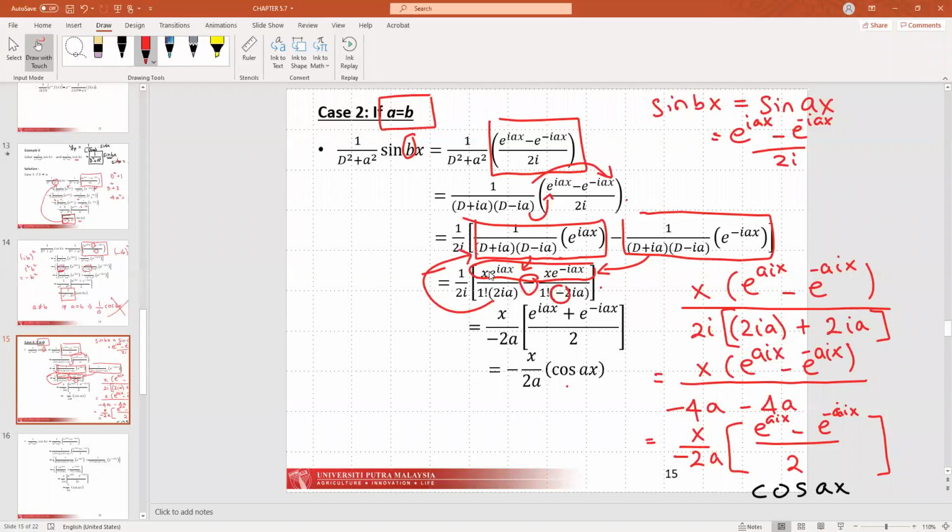Sebab tu awak dapat ax kat sini, factorize x. Kalau awak ingat kan, apa dia yang kita ada d minus a, something like x to the k, ini k e to the ax. So yang ni jadi x factor x to the power of k divided by k factorial times e to the ax. Kemudian bahagi dengan something. Saya lupa kat sini. Divided by something.